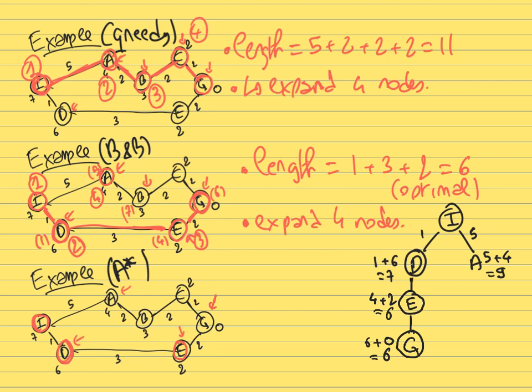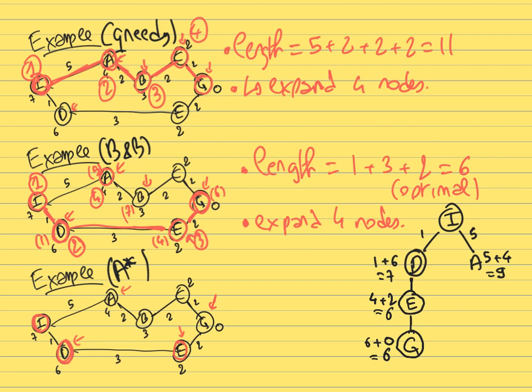So in this case, you know that you can stop there because the distance from state A to the goal is 4, and you know that you have already traveled 5. So you know that the shortest possible path that will go through A will necessarily be at least equal to 9, because you have already traveled 5, and there is a remaining distance that is at least of 4.